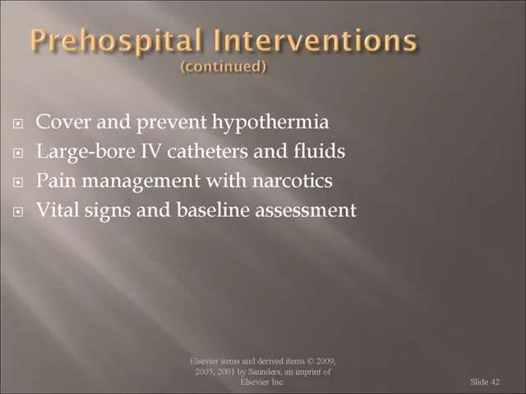EMS is going to be responsible for covering the patient and preventing hypothermia, securing large bore IV catheters, and initiating fluid resuscitation, which is significant here. And of course, pain management with narcotics is a huge deal, unless they are insensate. Vital signs and the baseline assessment are what you're going to start and use as your trending. So they are the beginnings of the emergent recovery phase.